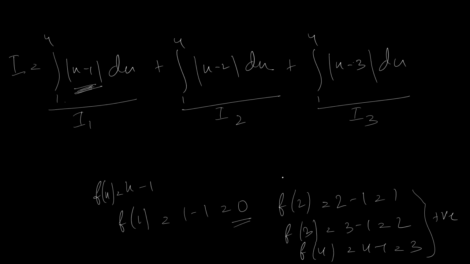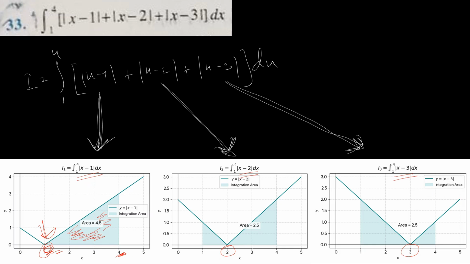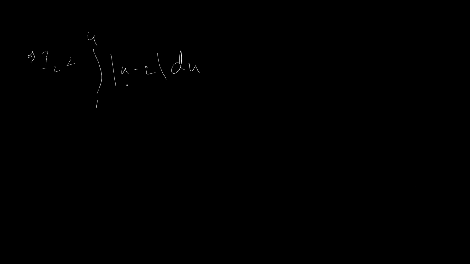Next, you see I2. I2 is the integral from 1 to 4 of modulus x minus 2 dx. This is our I2 and this is the graph for I2. Here both sides are shaded, left hand side also shaded, right hand side also shaded. Why? Because you see this is the function. Let's take f(x) equals x minus 2.